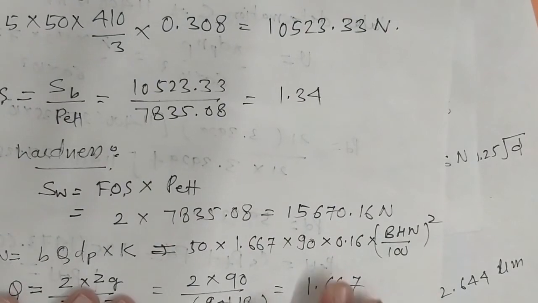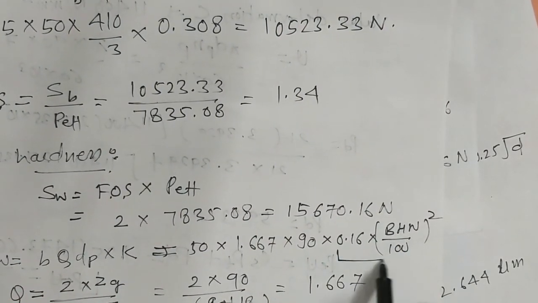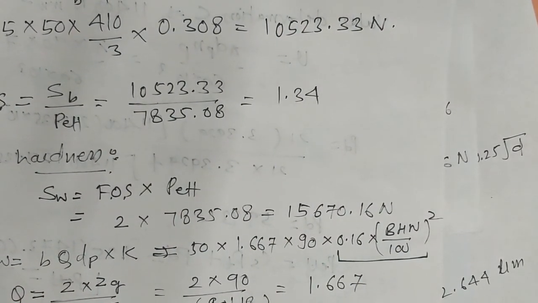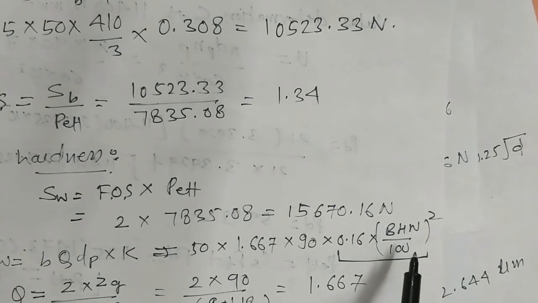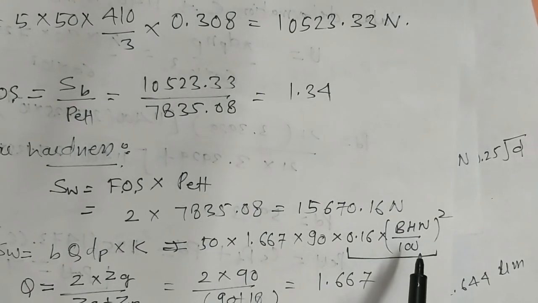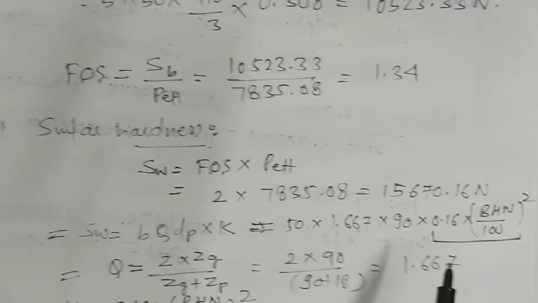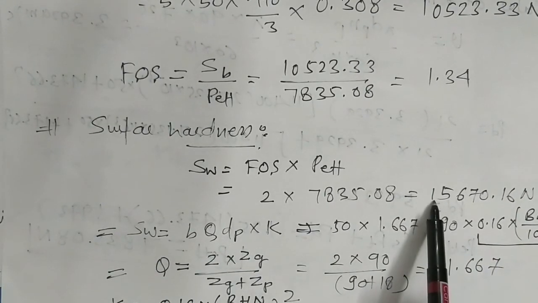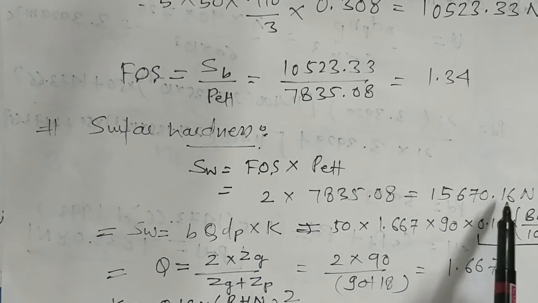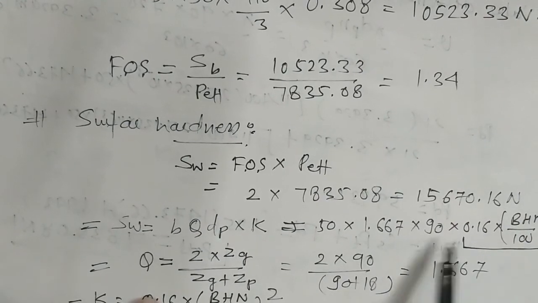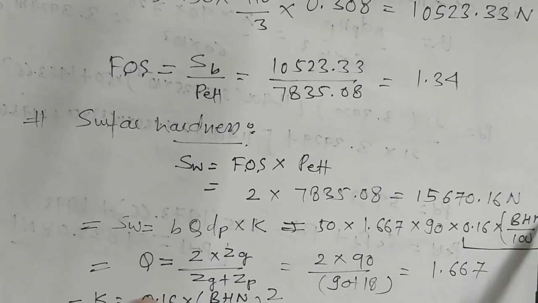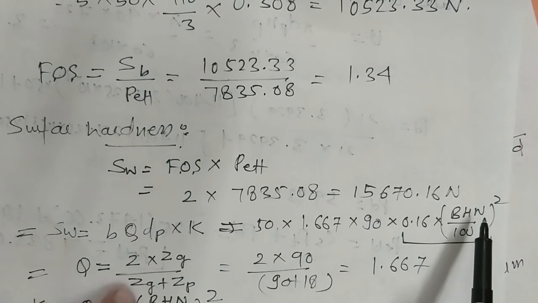So this is K, load stress factor K. So now we know the value of SW, 15,670.16 Newton, and in this equation only BHN is unknown to us.